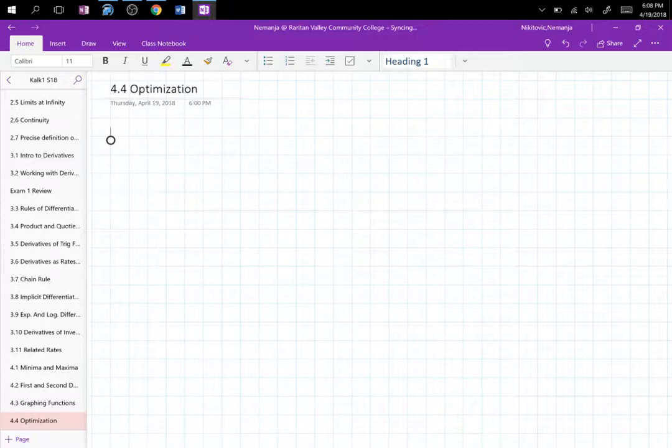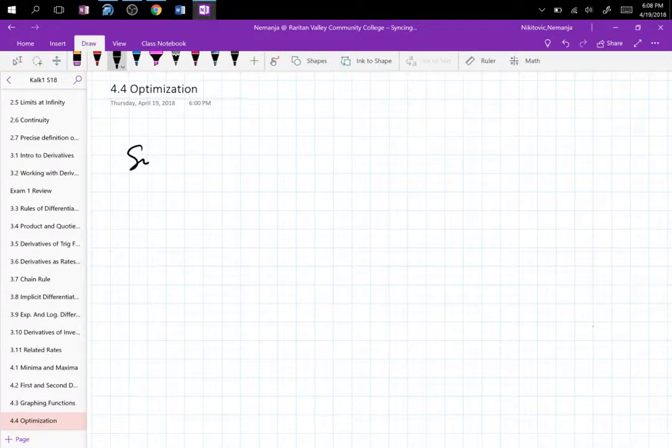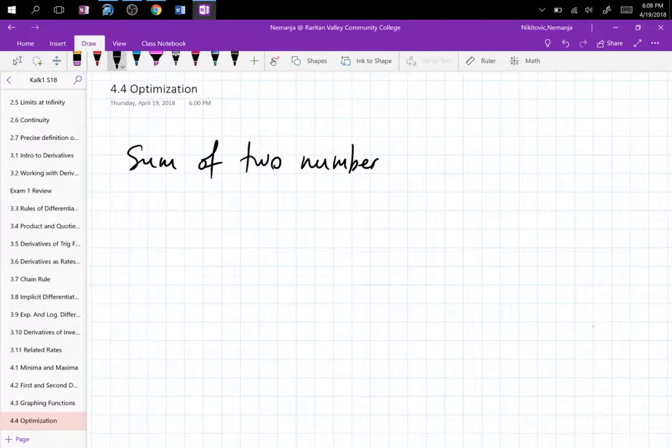So let's start with the simplest possible problem, just to introduce the concept and the steps involved in getting these problems done. Say the sum of two numbers is 36.